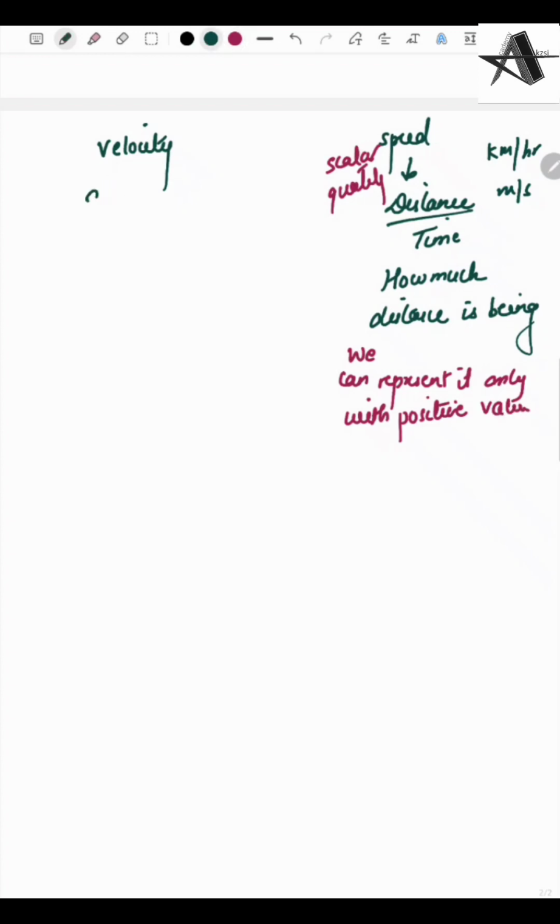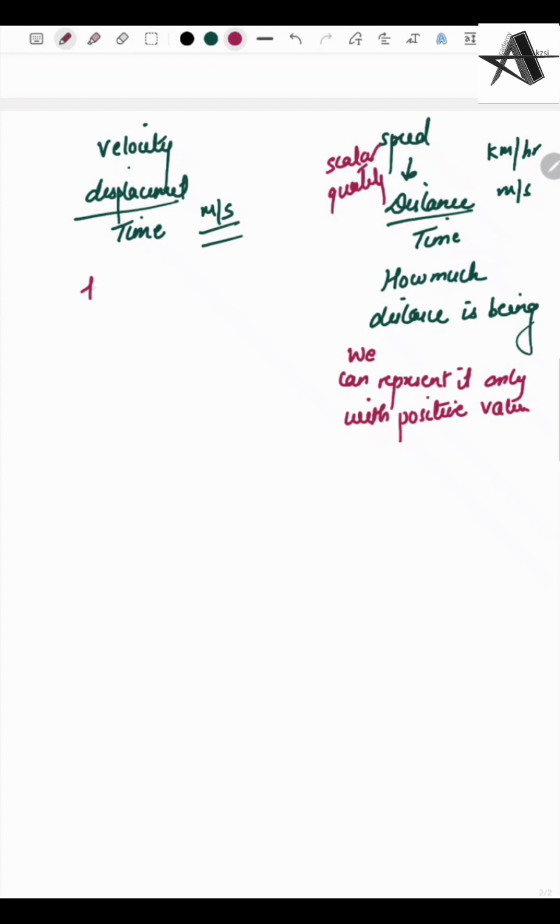Now if I talk about velocity, velocity is displacement over time. Just like speed is distance over time, velocity is displacement over time. The standard unit, we always use meters per second for it. How much a body has displaced per unit time describes its velocity.